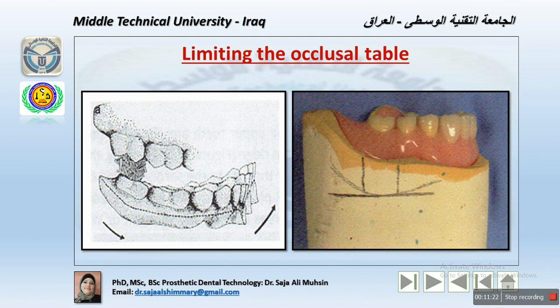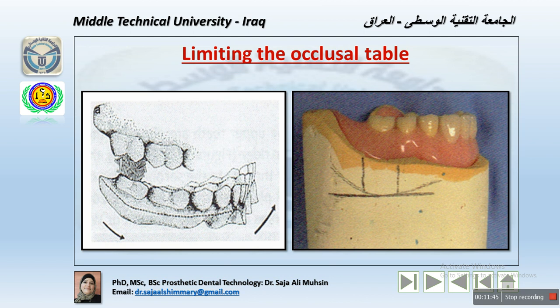Leaving teeth off this part of the denture leads to better denture stability. So, as a general rule, the second molar teeth should not be incorporated into the denture unless they can be placed over a flat, stable part of the lower ridge.